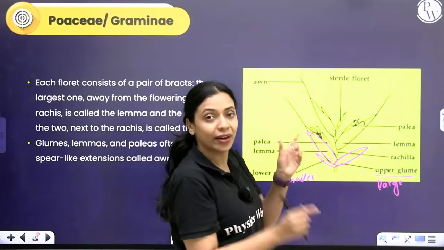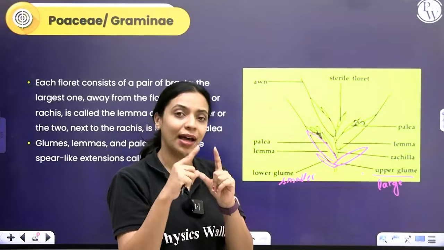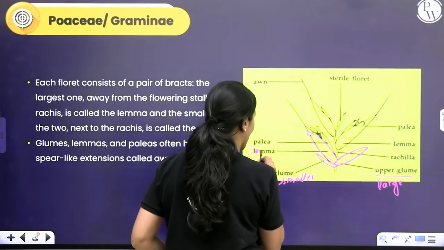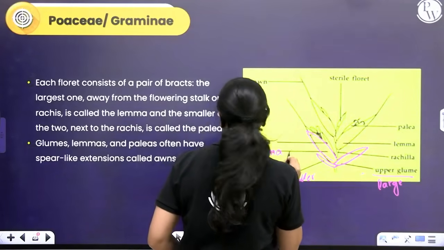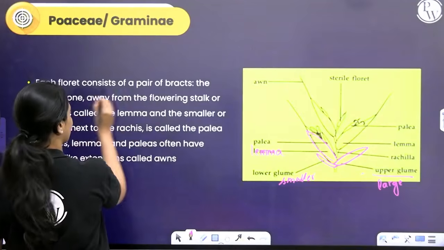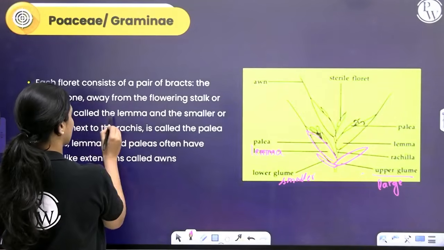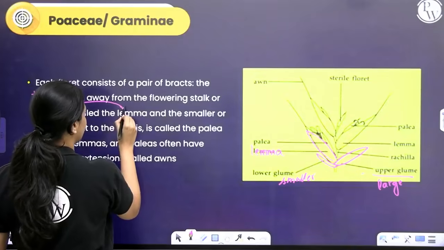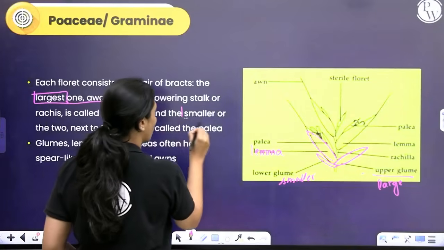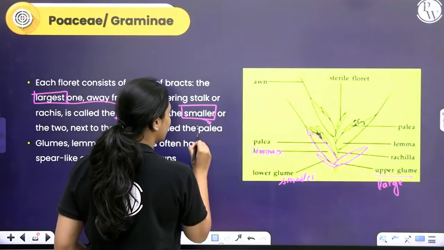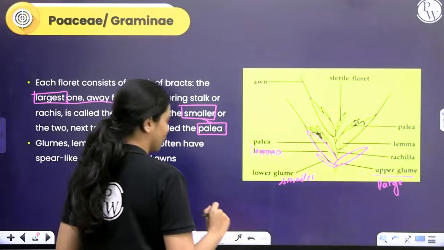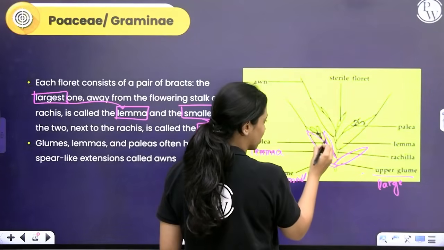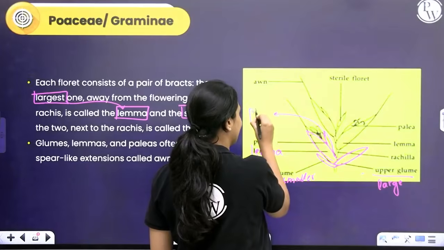For each floret, there will be 2 bracts, one large and one small. The large bract is called lemma and the smaller one is called palea. This is the large one, and over here you have a relatively smaller one. The smaller one is called palea.